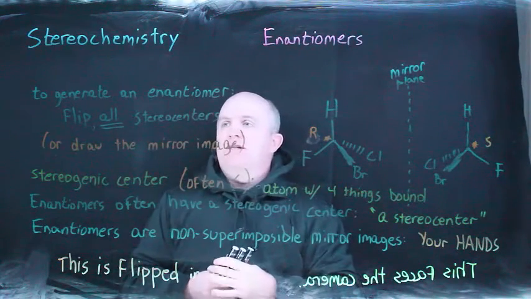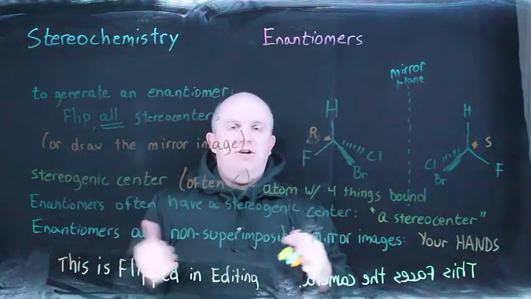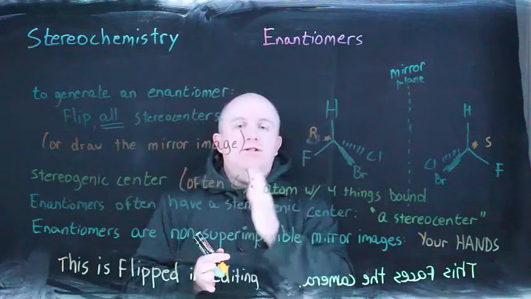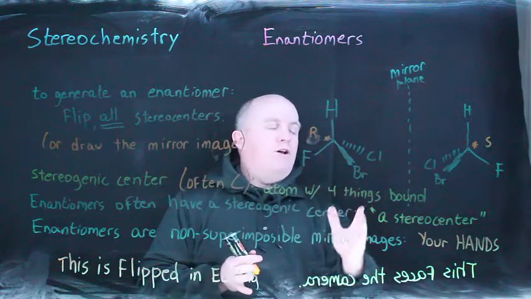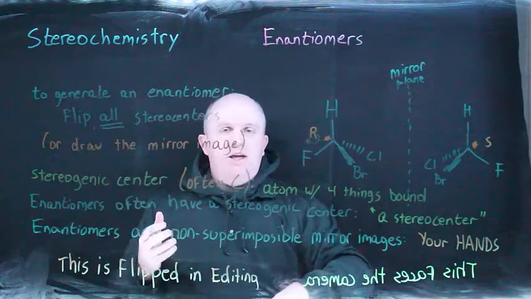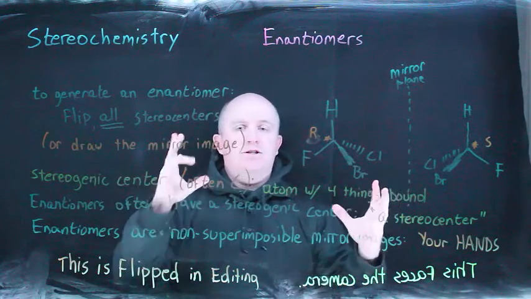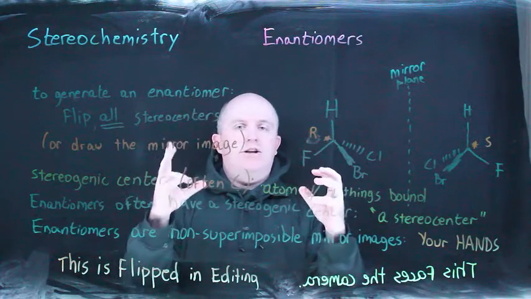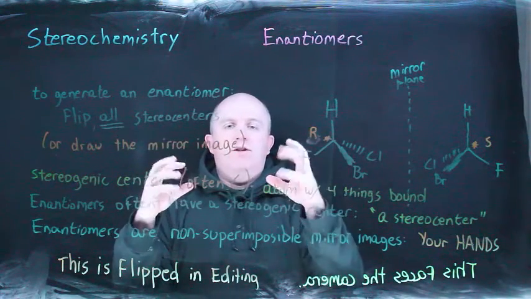But there will be cases where you will have multiple stereogenic centers, and in those cases, in order to generate an enantiomer, what you must do is flip each and every single one of the stereogenic centers that are present. In other words, again, the molecules have to be non-superimposable mirror images. In a sense, your right hand and your left hand are single stereocenter type molecules. One hand curls one way, the other hand curls the other way.